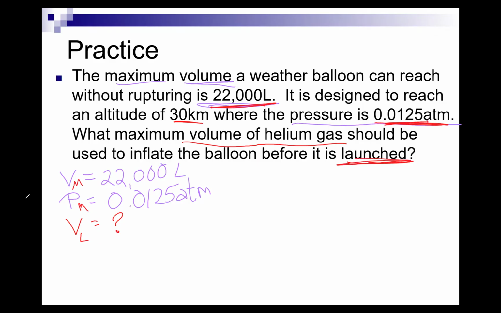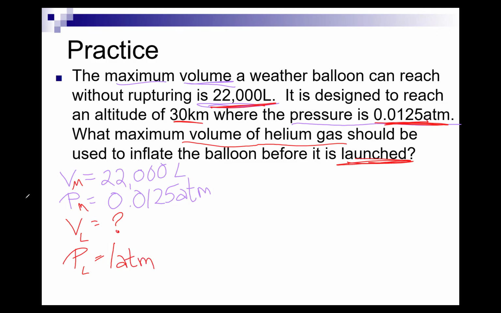But launching, what's the pressure where it would be when it's launching? Where do you launch a balloon? You launch it where you are, which is typically sea level, the Earth's surface, which would be 1 atmosphere.